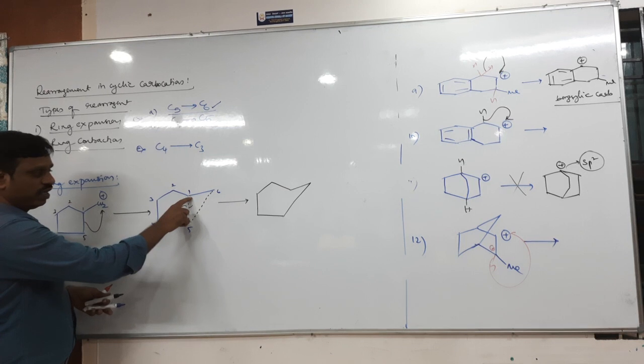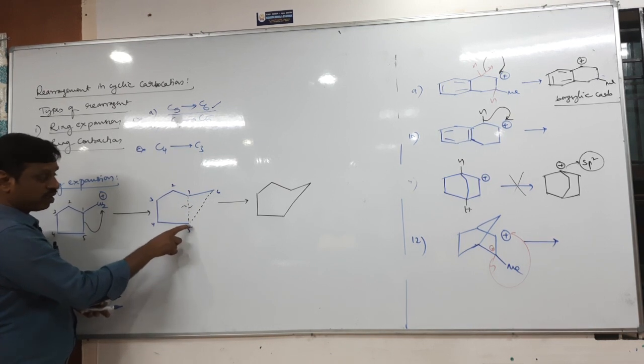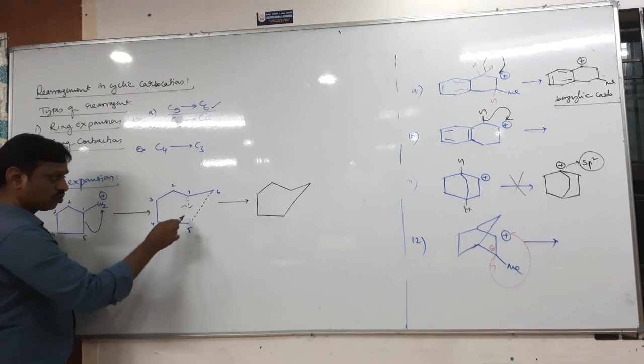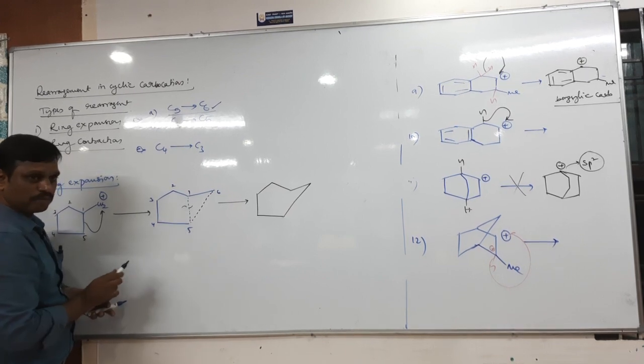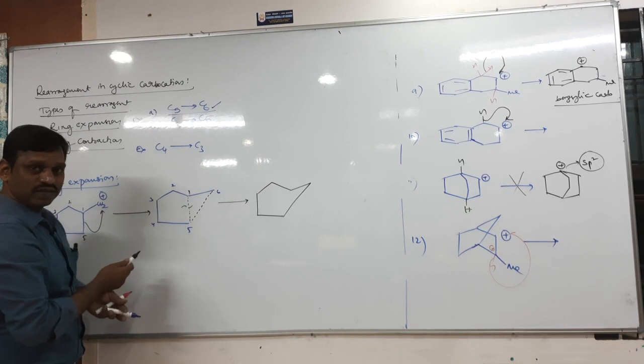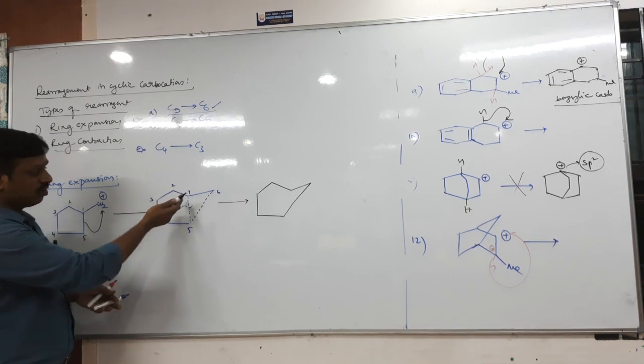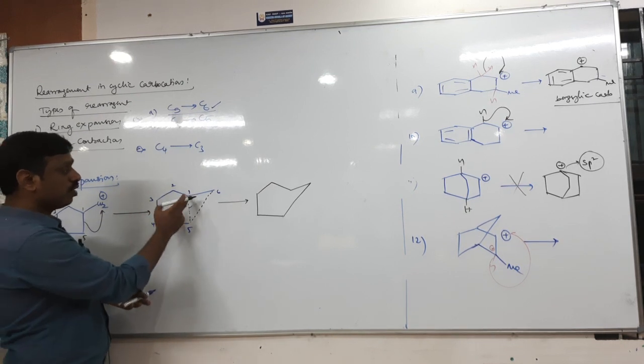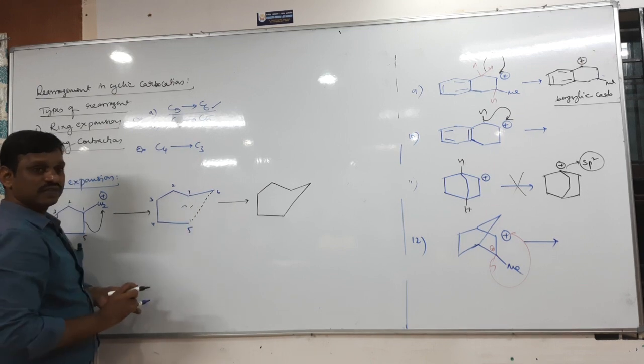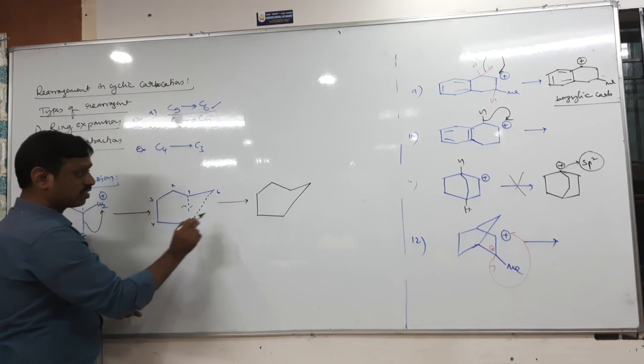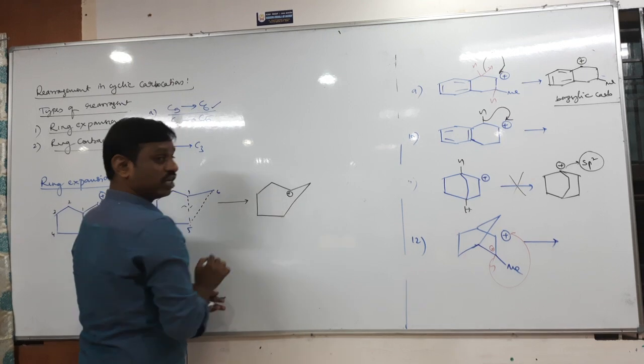First carbon. Now what about the fifth carbon? The fifth carbon is losing a bond but a new bond is forming. Therefore, the fifth carbon, do not bother. It is losing one bond, it is getting one bond. But it is a problem for the first carbon. The first carbon is losing a bond permanently. So therefore, the first carbon gets a positive charge.